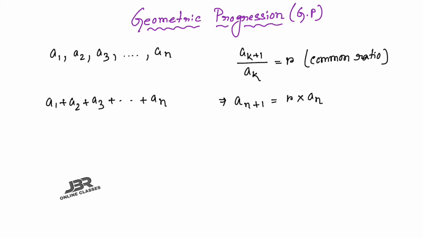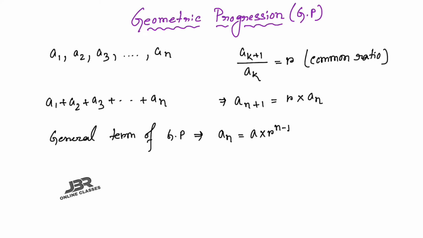So here first you have to know what is the general term of GP. The general term of GP is an equals a into r to the power n minus 1.